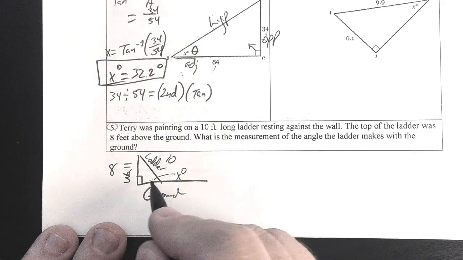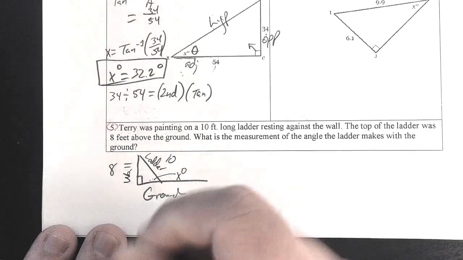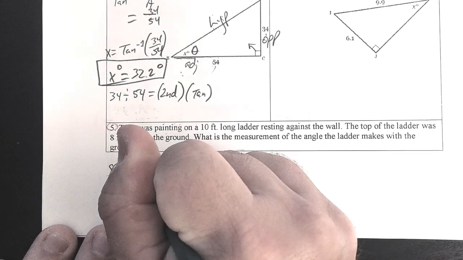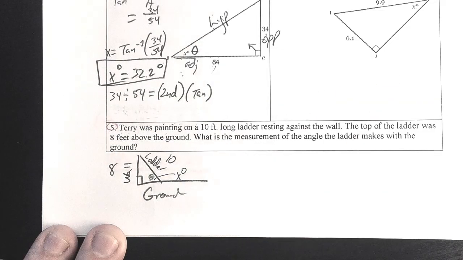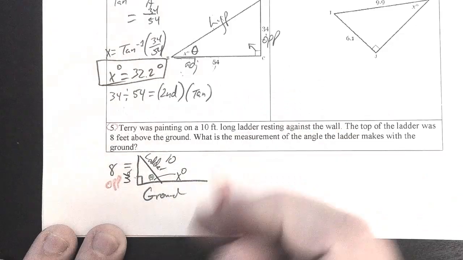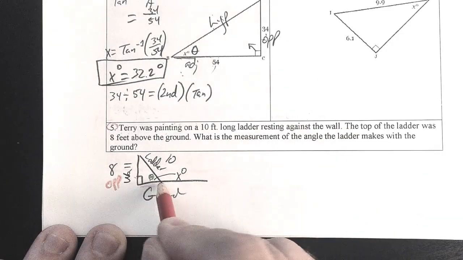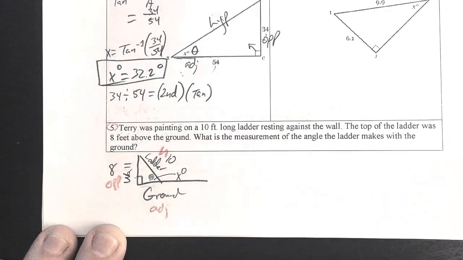So that's our theta. Our opposite is the wall. The adjacent is the ground. And I already said the ladder is the hypotenuse.